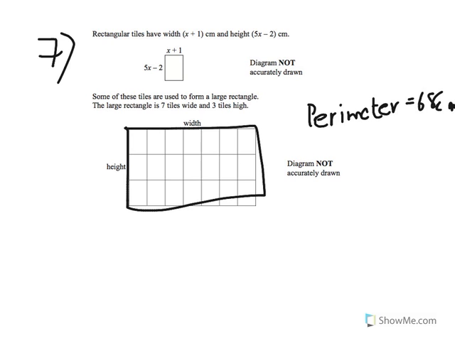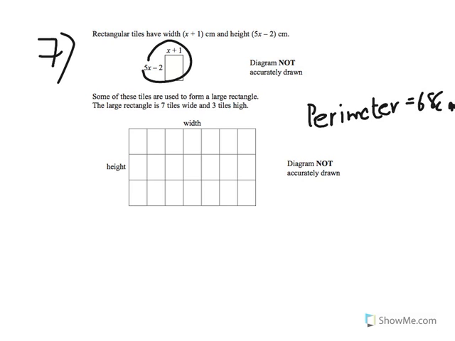So if you just think about it, this whole large rectangle is made from each of these individual tiles, meaning each of these tiles should have a 5x minus 2 here, a 5x minus 2 here, and a 5x minus 2 here, and then they should have their respective x plus 1 widths.